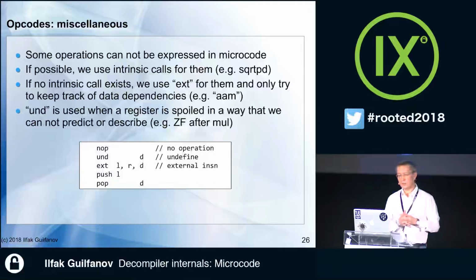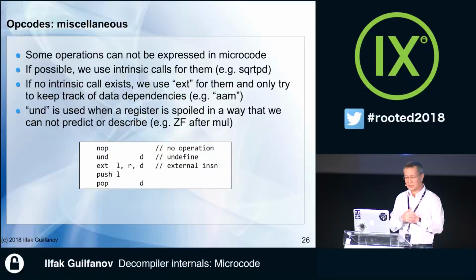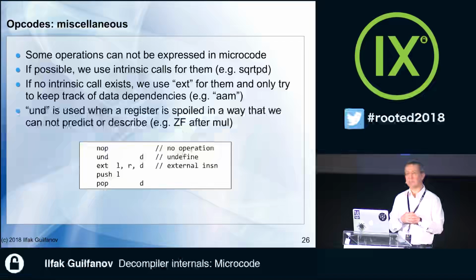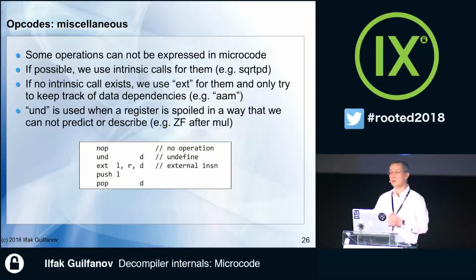And I have to mention the last group. It is the external and miscellaneous instructions: no operation, undefined. The most interesting instruction in this group is the external instruction, EXT. Naturally, our microcode cannot represent all possible instructions of all processors.